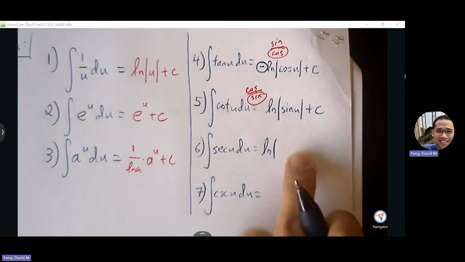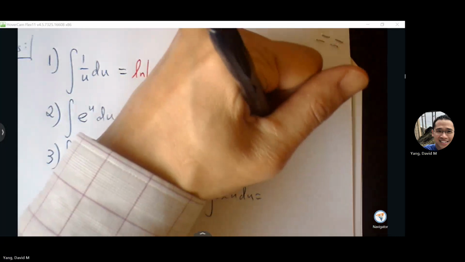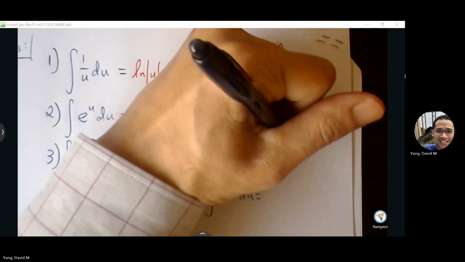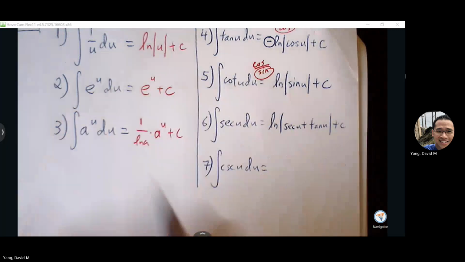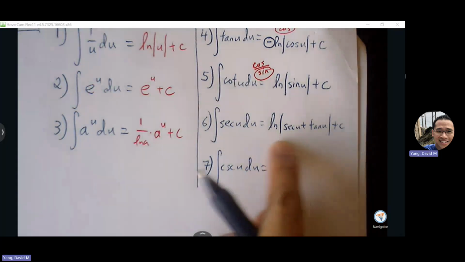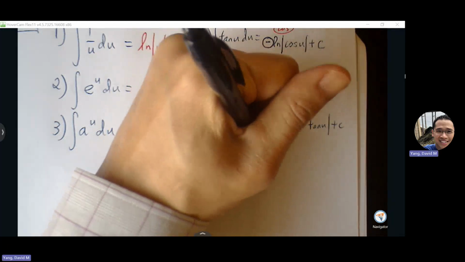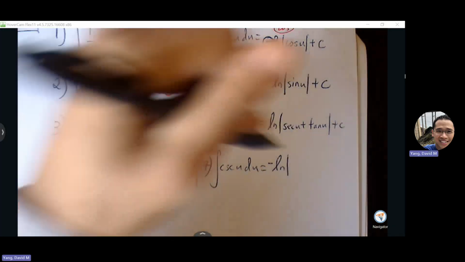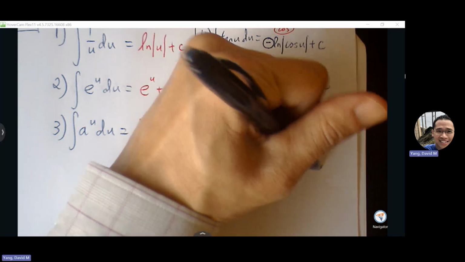Secant tangent. But what's in between those two? Plus. Yeah. Okay, cosecant u looks a lot like this form here, but first we have a negative, and then what two trig functions?